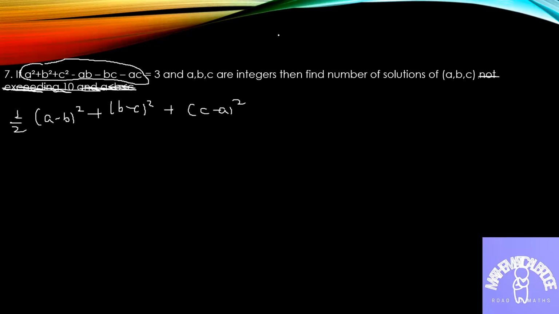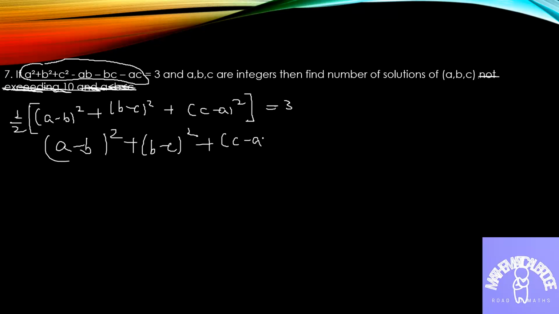And this is given to be 3. So this automatically implies that (a minus b) whole square plus (b minus c) whole square plus (c minus a) whole square is equal to 6.